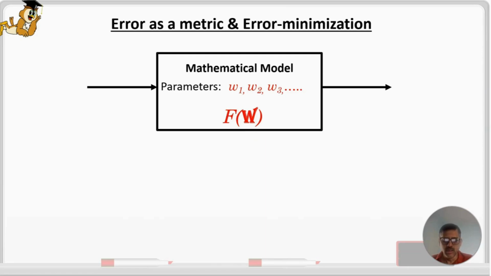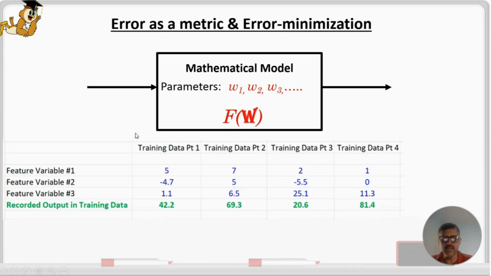Now, as I said, the mathematical model is being constructed to replicate the input-output behavior observed in the training data. To understand this, let's consider an example. Let us say this was your training data. Each of the points in your training data is indicated by a column over here. The rows are the different feature variables.